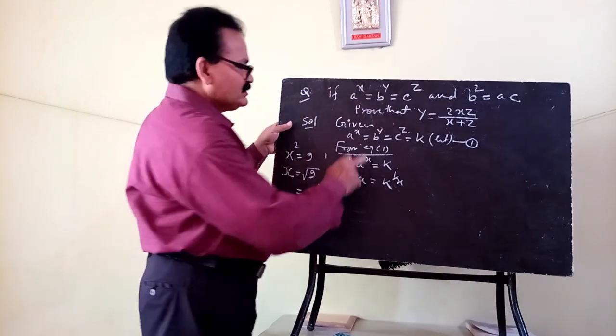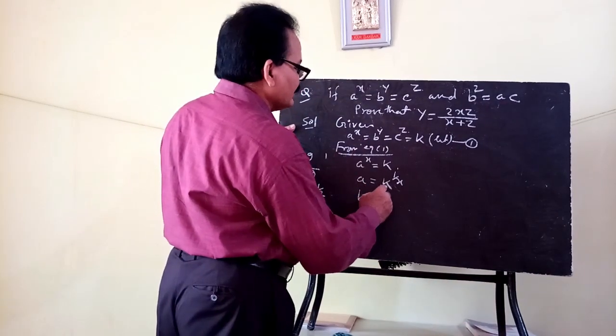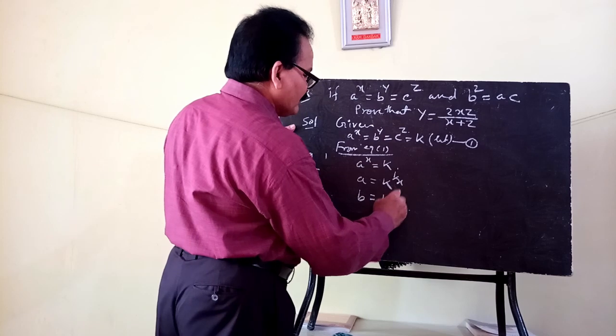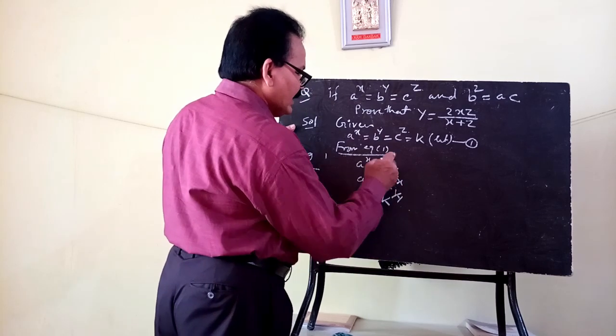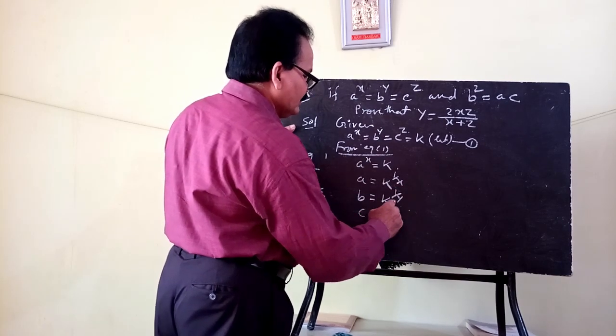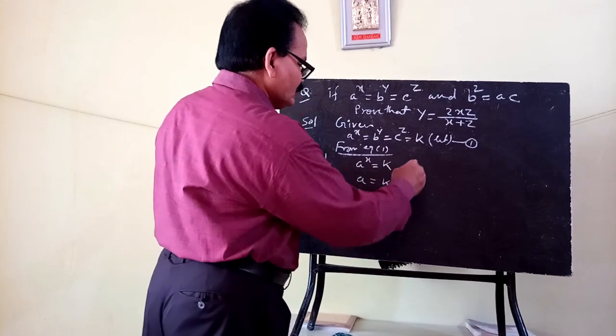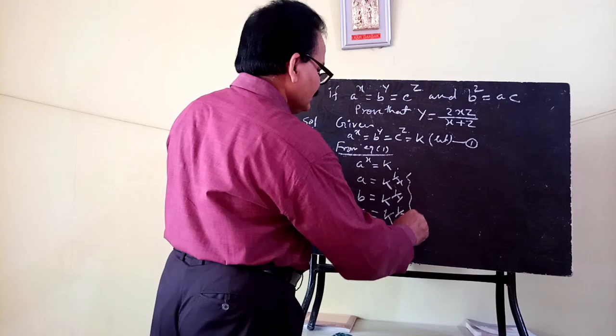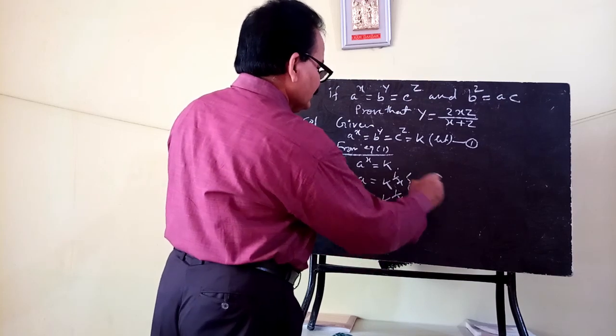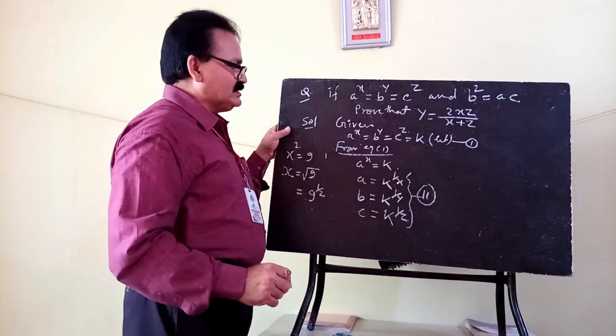Now it is clear. Similarly, b is equal to k to the power 1 by y, and c will be equal to k to the power 1 by z. So again you have got the values of a, b, c.